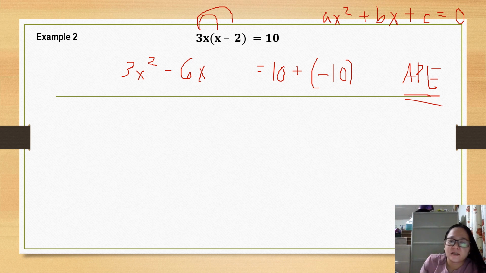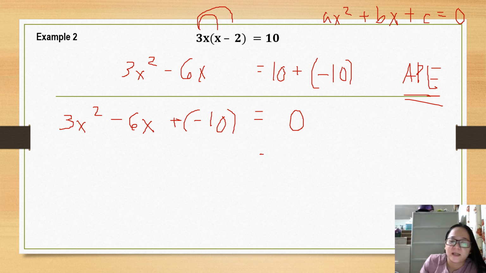If we add negative 10 to the right side, the right side of the equation now becomes 0. Now, on the left side of the equation, to maintain the balance of the equation, we must also add negative 10. So whatever you do on the right side of the equation, you must also do on the left side of the equation to maintain the balance.